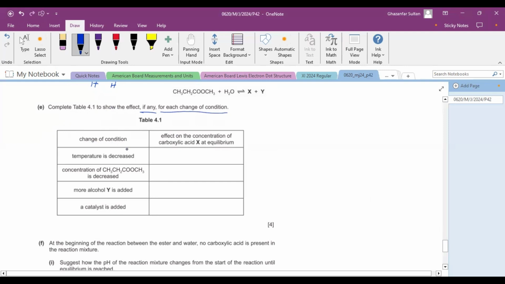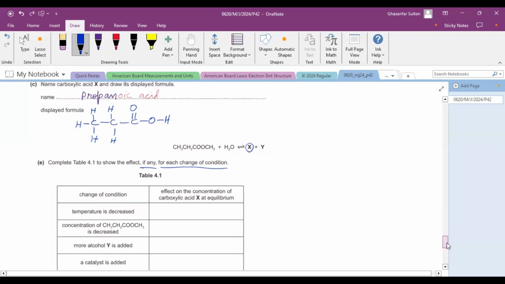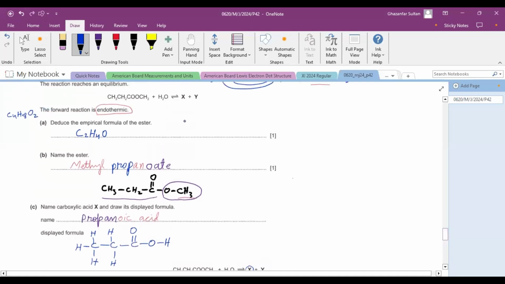Here the change of the condition is given, and here we will write the effect on the concentration of carboxylic acid. Remember that this is carboxylic acid on the product side in this equation. And we have already seen in the question that this is an endothermic reaction.